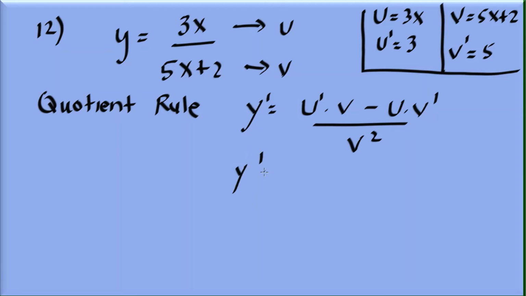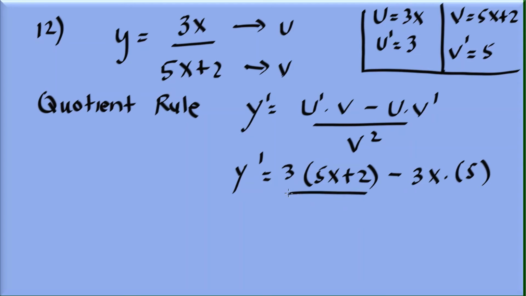So y prime is u prime, which is 3, multiplied by v, which is 5x plus 2, minus u, 3x, multiplied by v prime is 5, all over v squared, which is the denominator 5x plus 2, then square it.